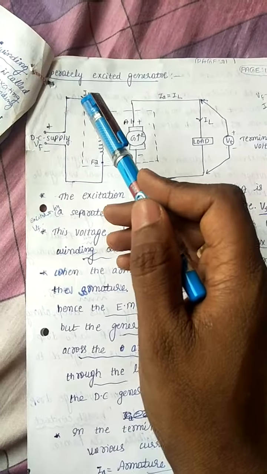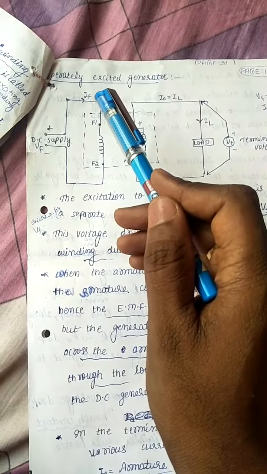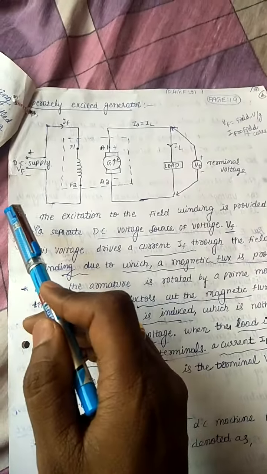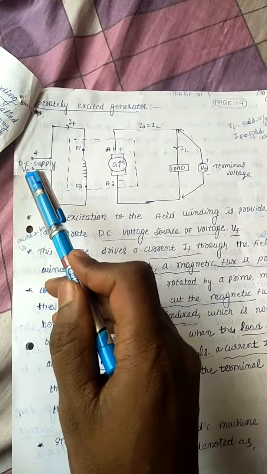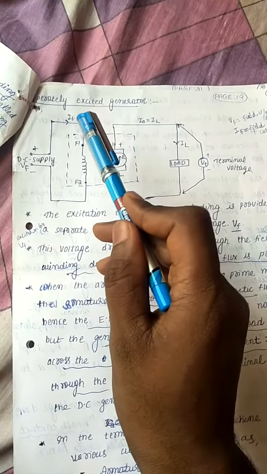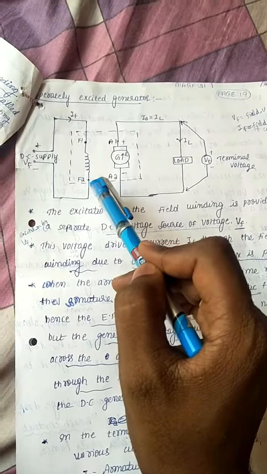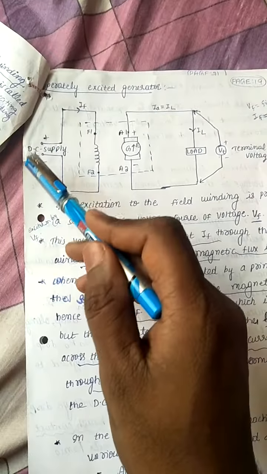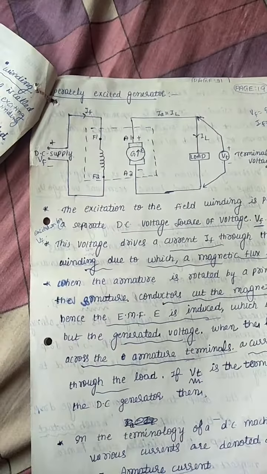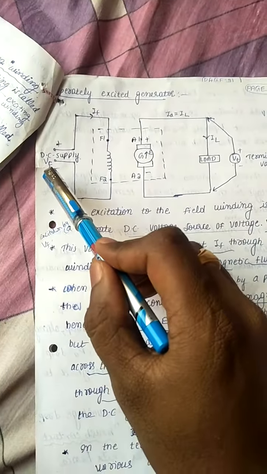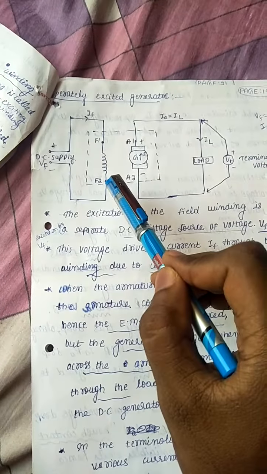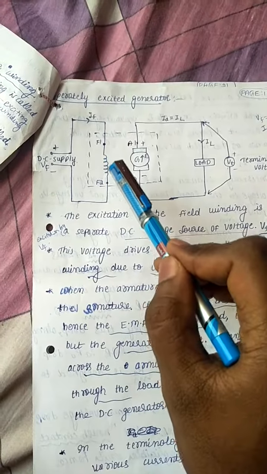Here the exciting current is IF. VF we call the field voltage, and IF is called the field current. This field current is used to excite this winding. This is a supply you have connected external to the generator. Due to this VF, IF is the current flowing through this field winding or exciting winding.